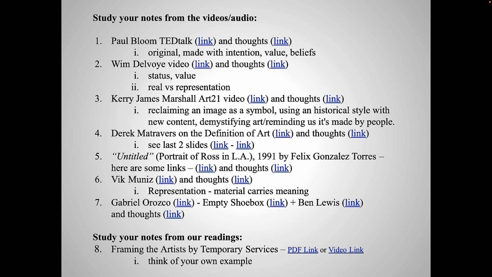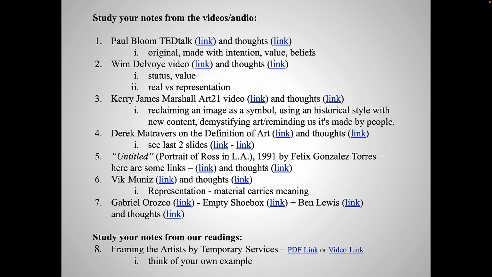The Derek Matravers and the definition of art, I think the last two slides we'll talk about, but this is really honing in on aboutness, and some of the ideas we talked about, the process of anything becoming an artwork, right? So an artist making an artifact that then transforms and becomes something that is about something. Okay, and we'll hone in on that on the last couple slides here.